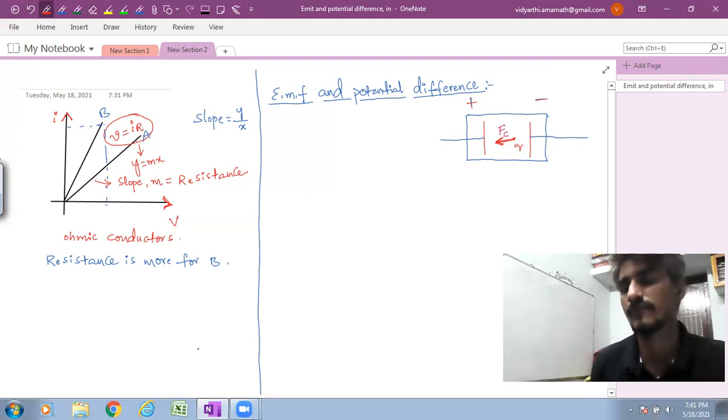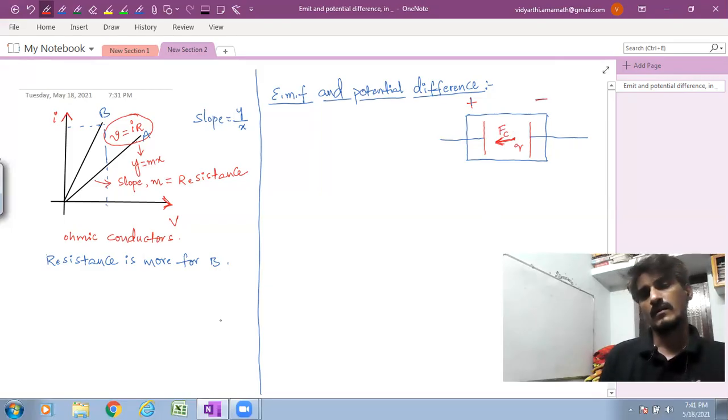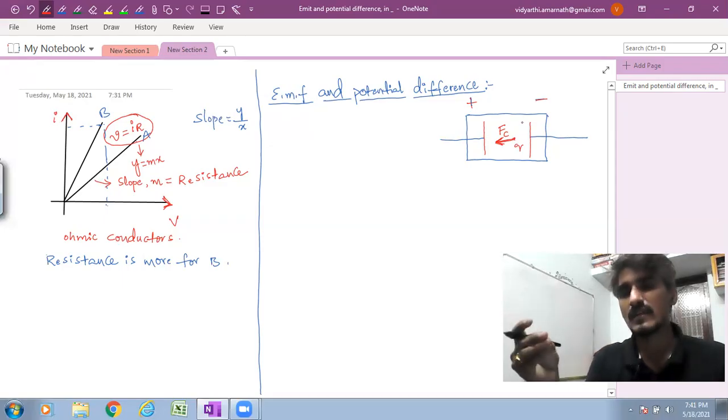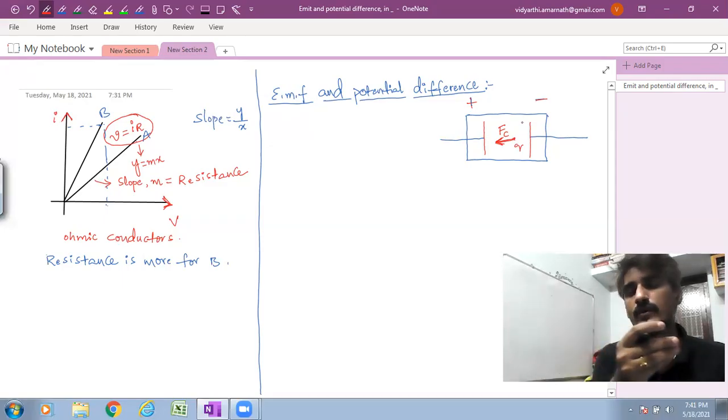That is called the chemical force. This chemical force acts on the positive charge and moves it towards the positive plate.